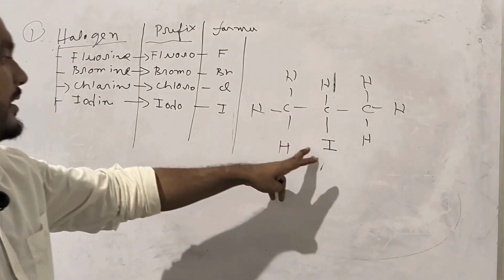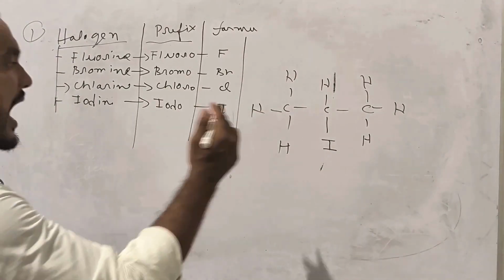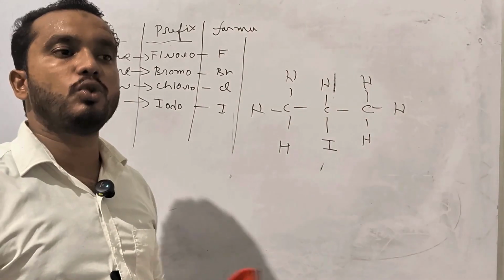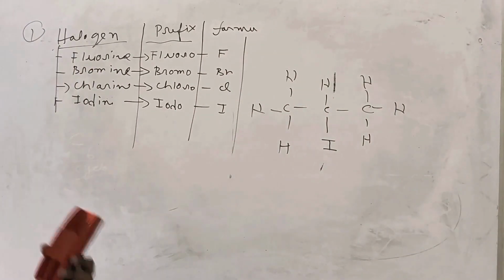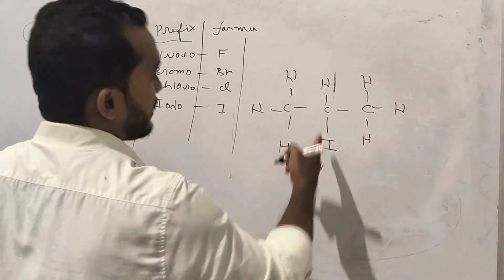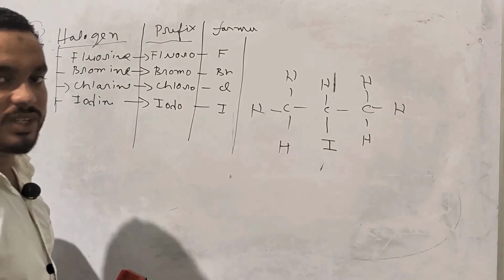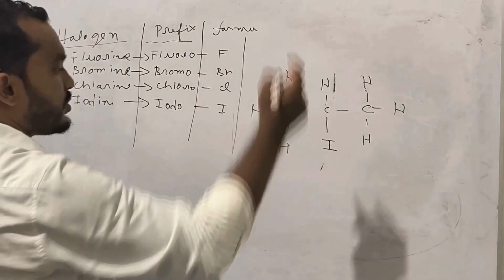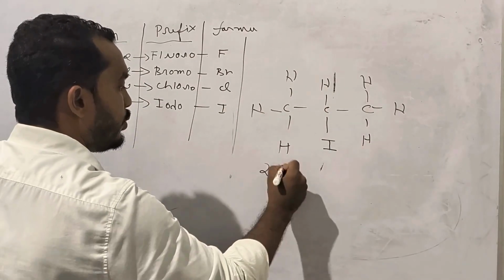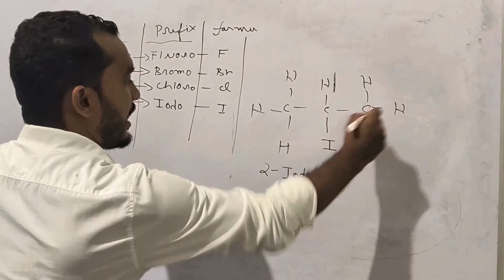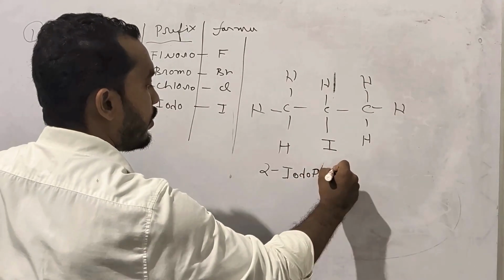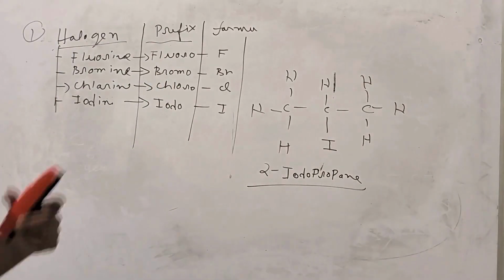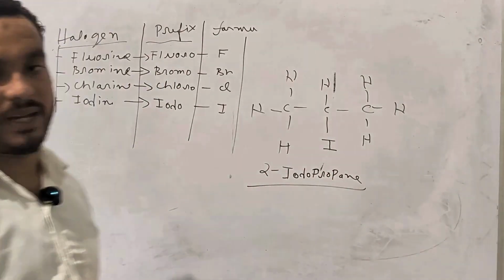If there is I, the name will be iodo. Since there are 3 carbons, 1 2 3, we call it propane. So iodopropane. But you have to mention the position. This functional group is in the second position, so I can write 2-iodopropane. The chemical name of this compound is 2-iodopropane.